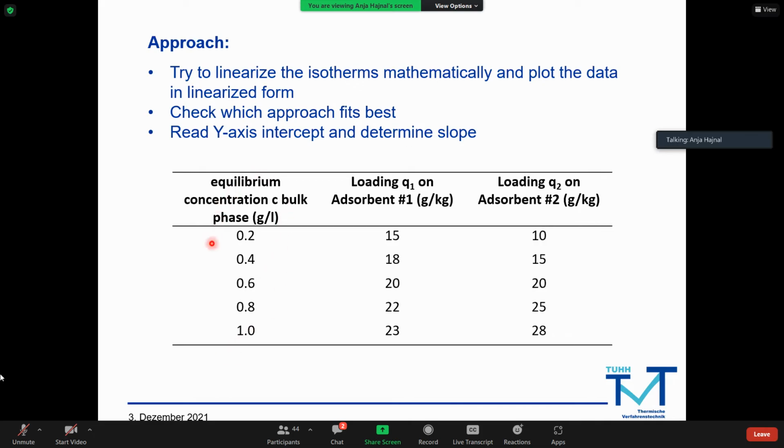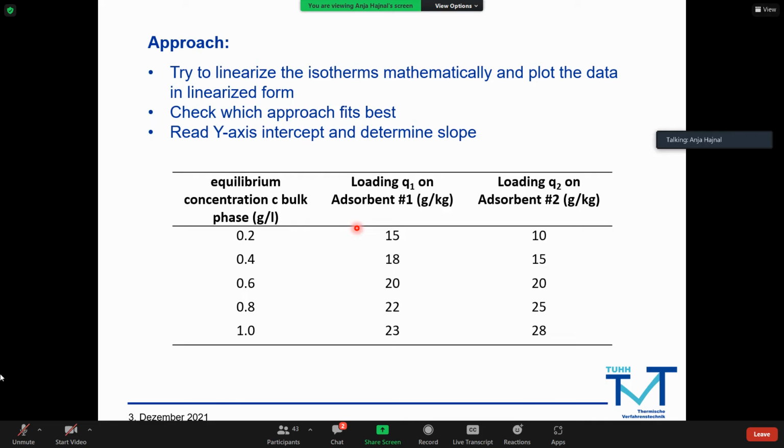Try to linearize the equations and get the values. You also have a page 2 on your sheets, and that will guide you and show you how to derive the linearized form.